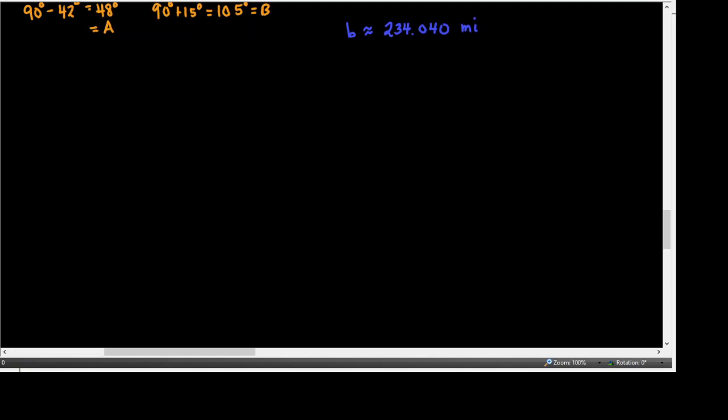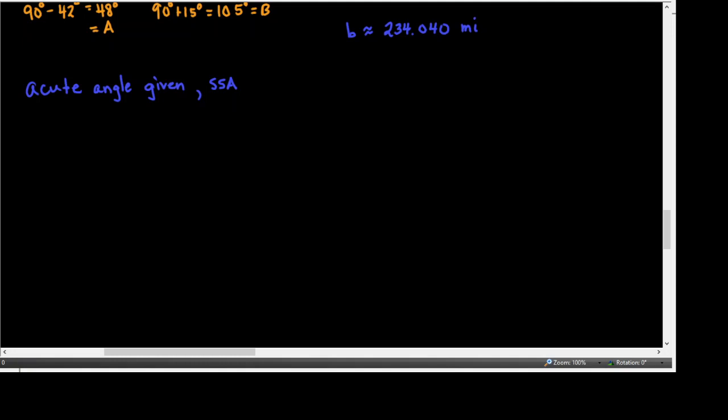First, let's say that we have an acute angle that's given, and the information they give us is side-side-angle. So the given angle A in the side-side-angle is acute.